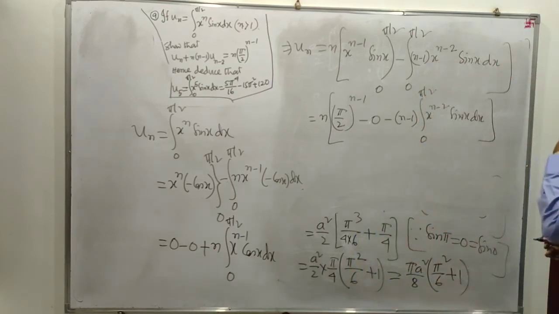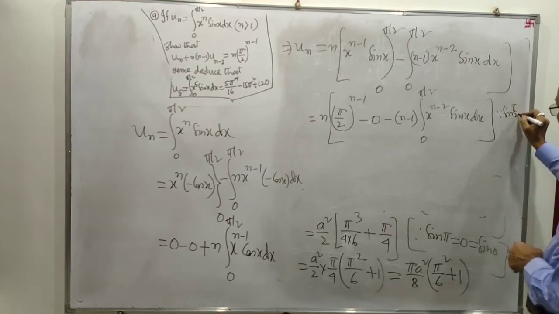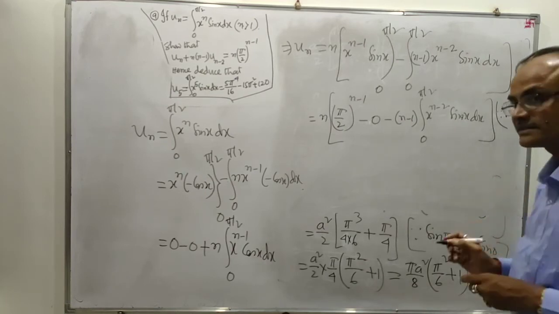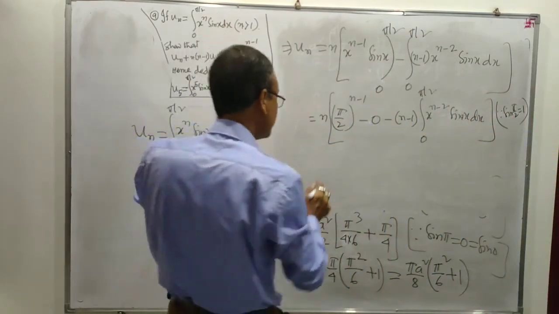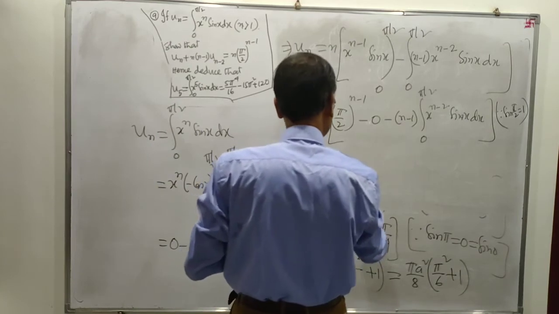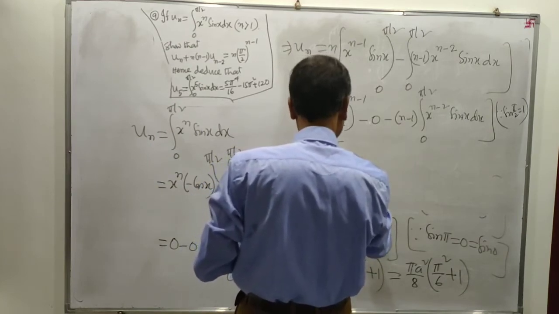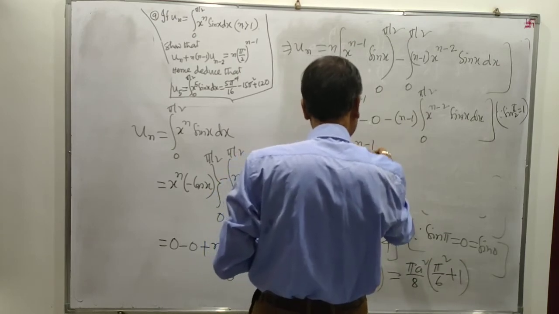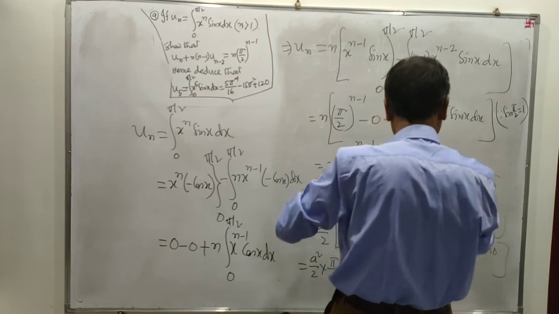Since sin pi by 2 equal to 1, this is equal to n times of pi by 2 whole to the power n minus 1 minus n times of n minus 1.